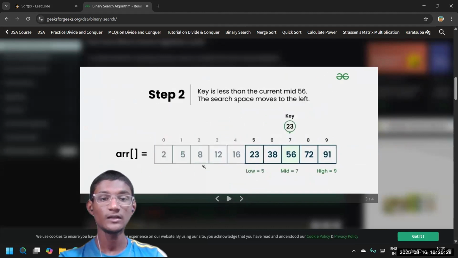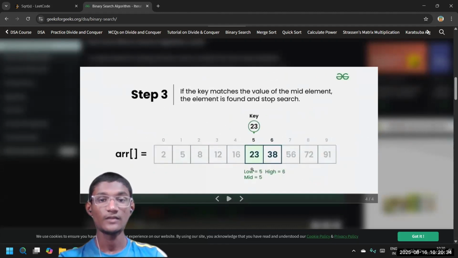So we should update the lower boundary value. If it is lesser, we should go to the left side. If the mid value is greater than the key, we go left. Here the lower boundary and mid value became the same. We got the answer.